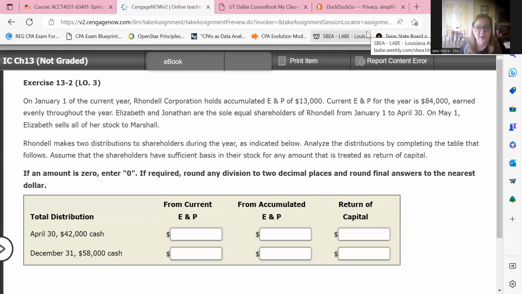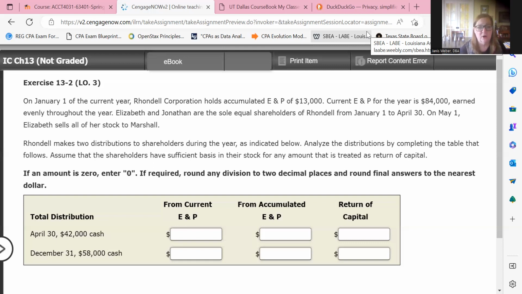So from the corporation standpoint, their E&P doesn't change because the stock was sold from one to the other, but the characterization of how it impacts the shareholder does change because it's a different shareholder, so they have different bases. But this is just asking us from the corporate standpoint, but we have to look at what the E&P was at the time of each of these distributions.